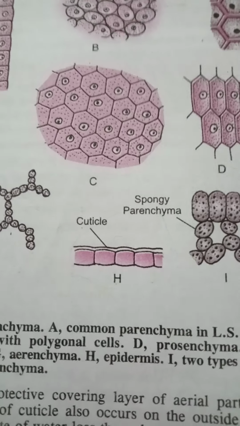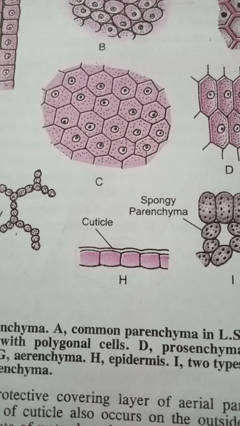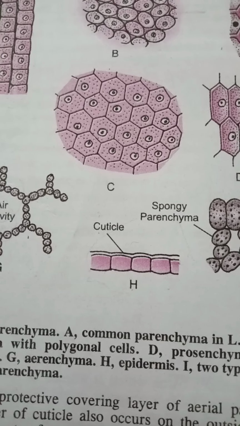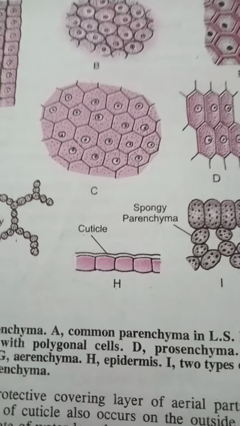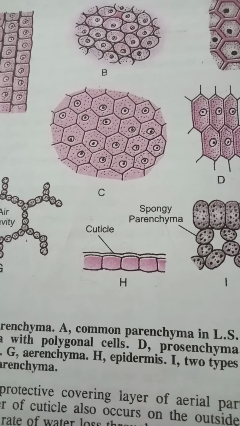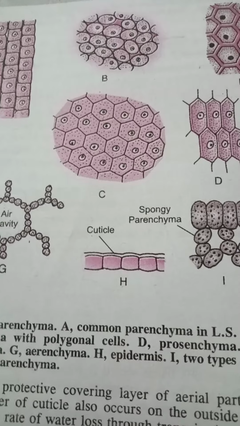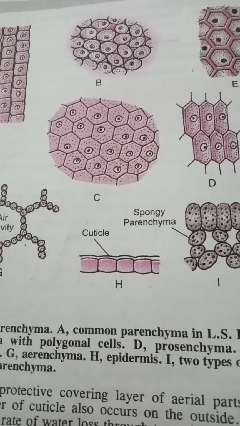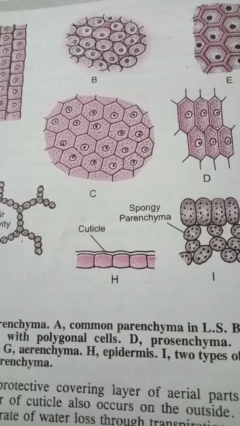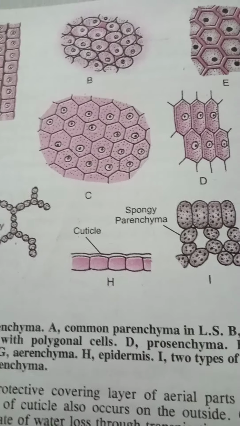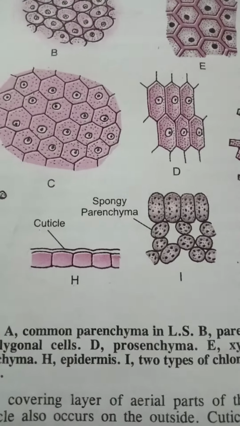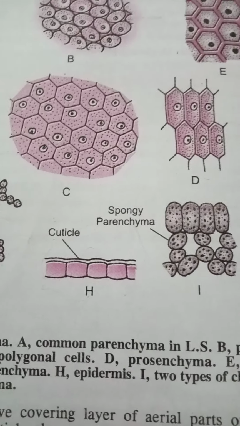Next is the epiblema. Epiblema is also a modification which is present basically in roots. It is the surface layer in the absorptive region of the root. These are thin walled cells, similar to the epidermis. They help in absorption of water and minerals in the roots.